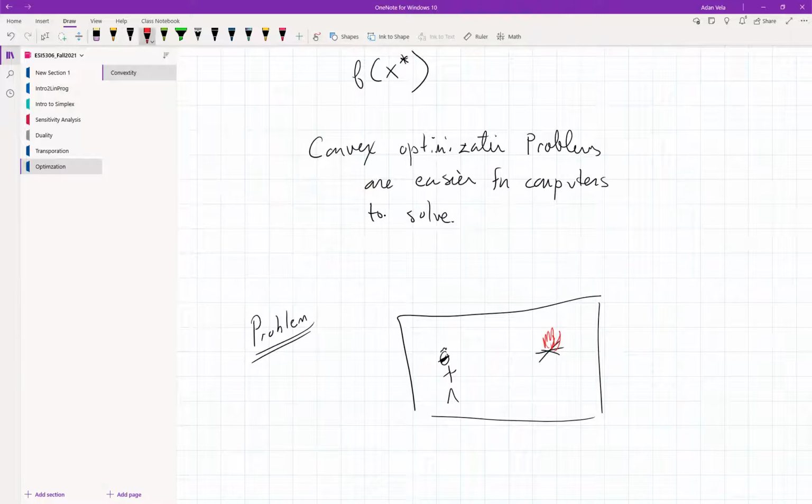If we think about this fire, it's going to be giving off heat, and the further away you are from it, the less you feel it, right? But you can certainly feel the heat given off by the fire, and you might be able to figure out what direction it's in.